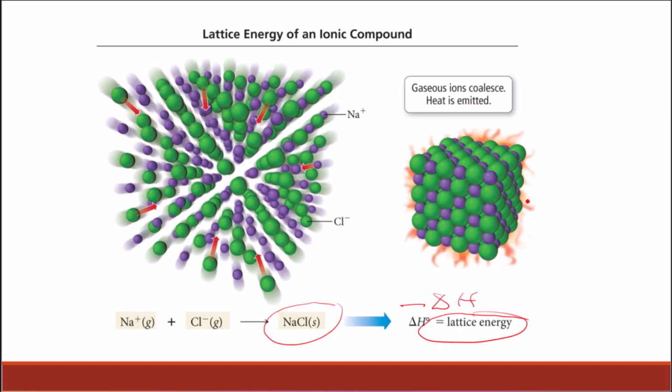Now, you might imagine if they're really strongly attracted, it would take a lot of energy to break the lattice, to destroy that lattice and move them back into the gaseous state infinitely far apart from each other. That's kind of our definition for lattice energy.